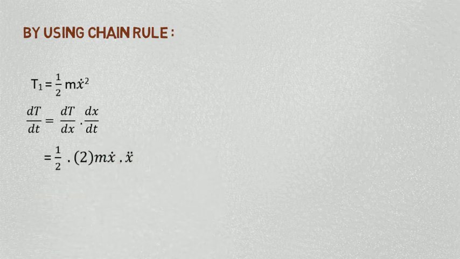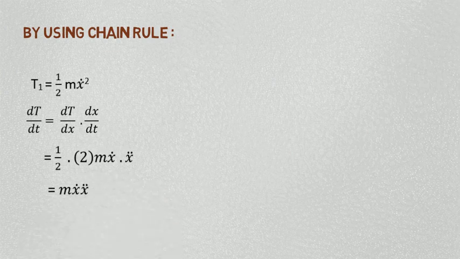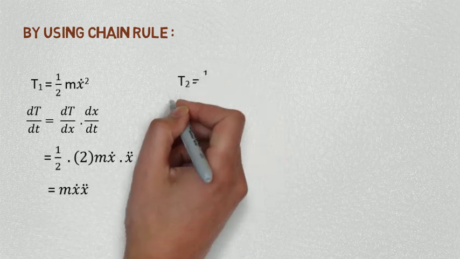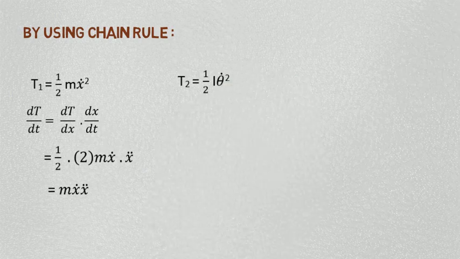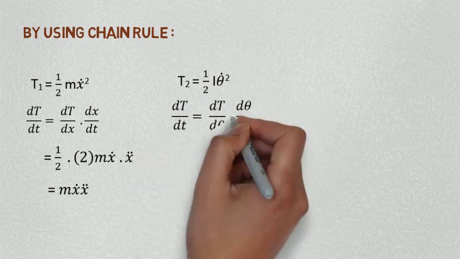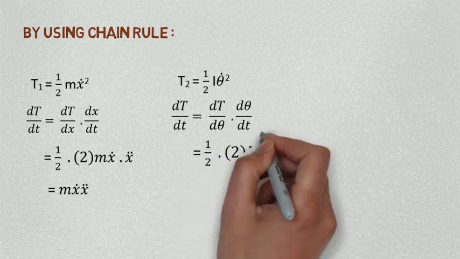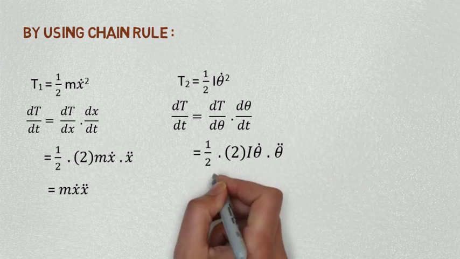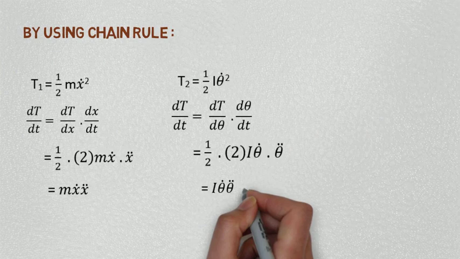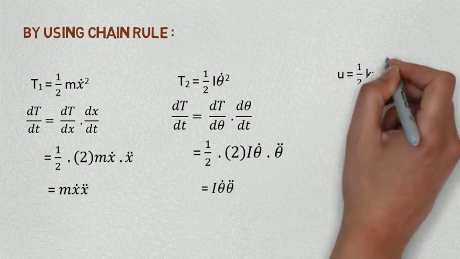So as for T1, the equation of acceleration is m x dot x double dot. As for T2, the acceleration equation is I theta dot theta double dot.